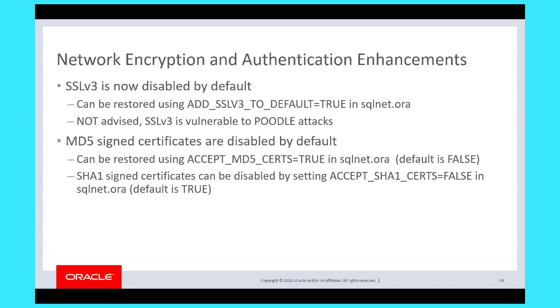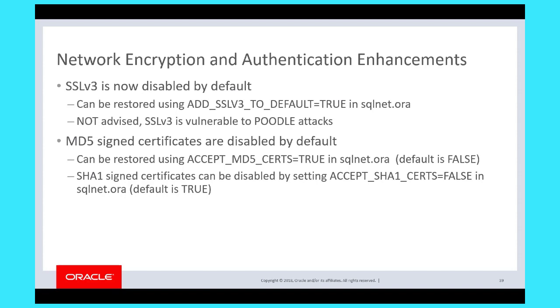We are disabling it without you doing anything. If you need to restore it, you can add a parameter, allow SSL v3 to default, set to true in your SQLnet.ora. As you can see here on the screen, we do not advise using this parameter. This would only be if you have a client that for some reason you can't upgrade and you're forced to continue to use SSL v3.